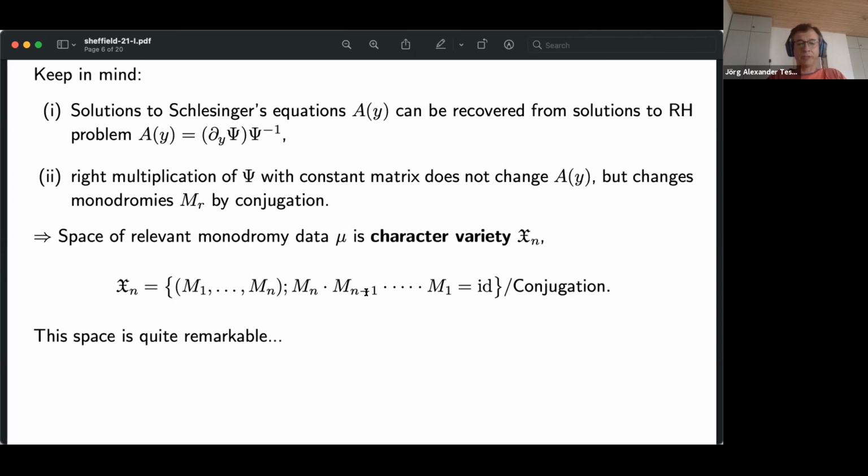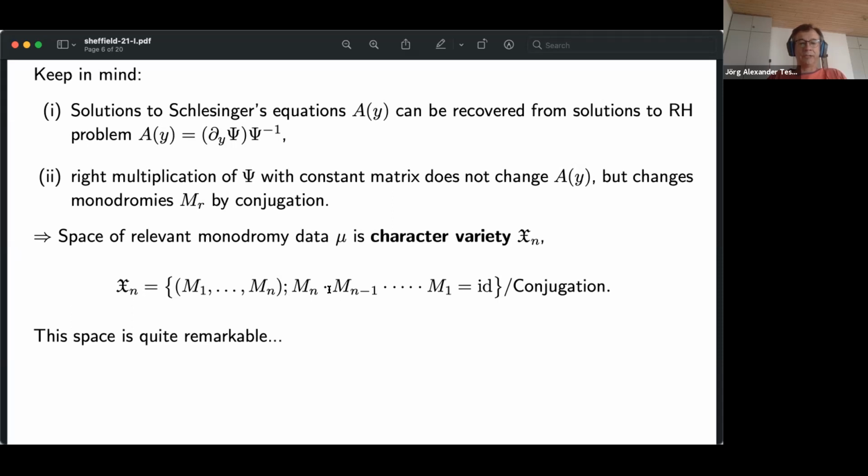So it's a little schematic here. It means up to individual conjugation of each of these matrices m_k with one and the same constant matrix in GL2C. So there is, on the other hand, just from the relation in the fundamental group of the n-punctured sphere, a relation that these n matrices always have to satisfy.